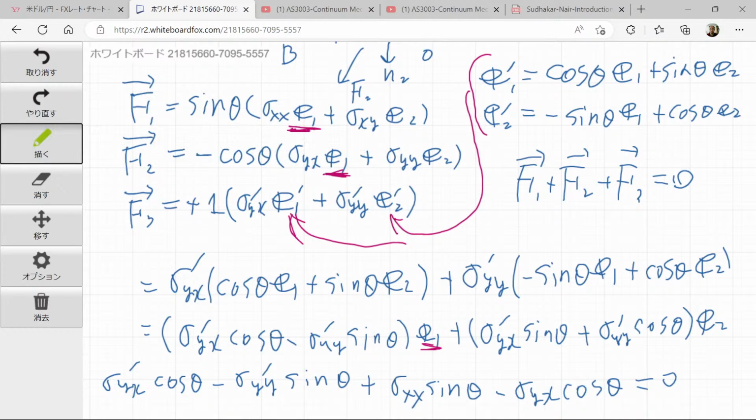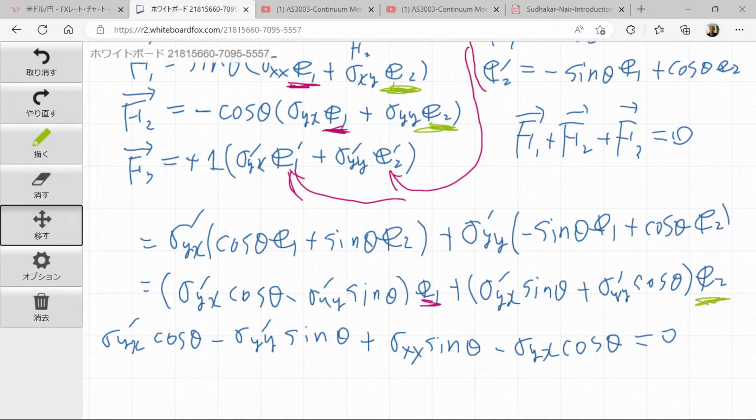Then let's see, we do the E2 part. Here we have the E2 part, so we have force balance here too.